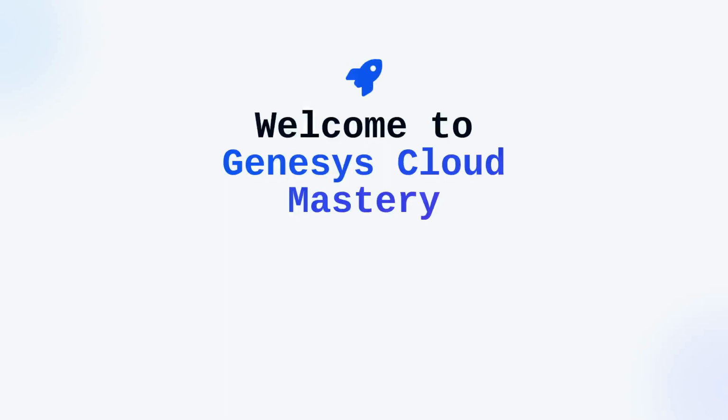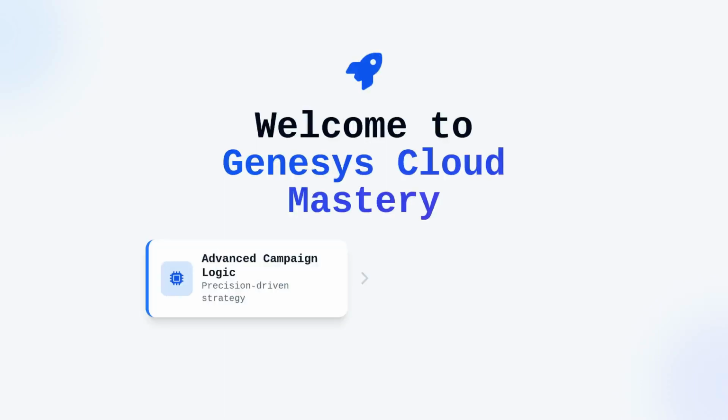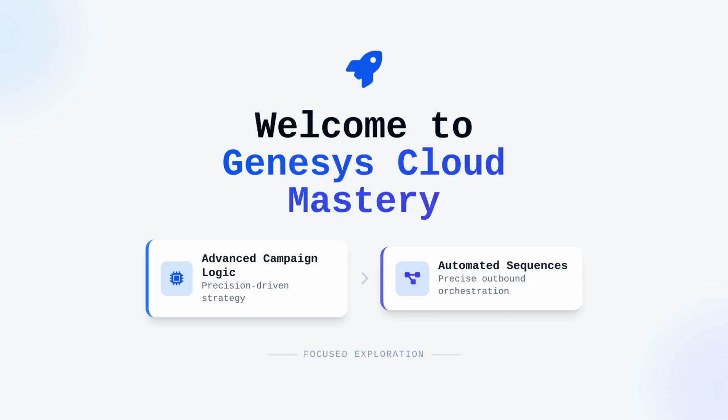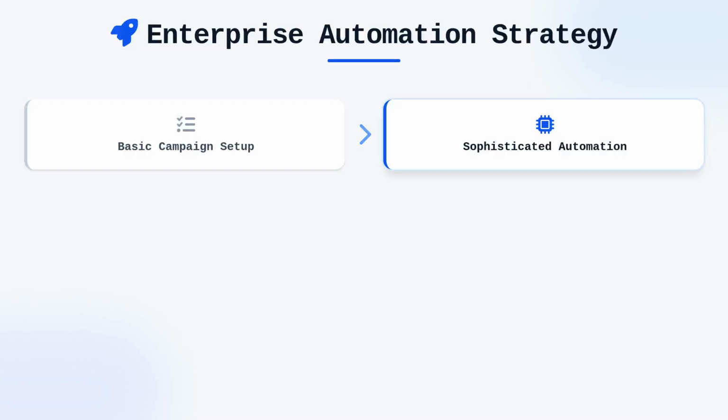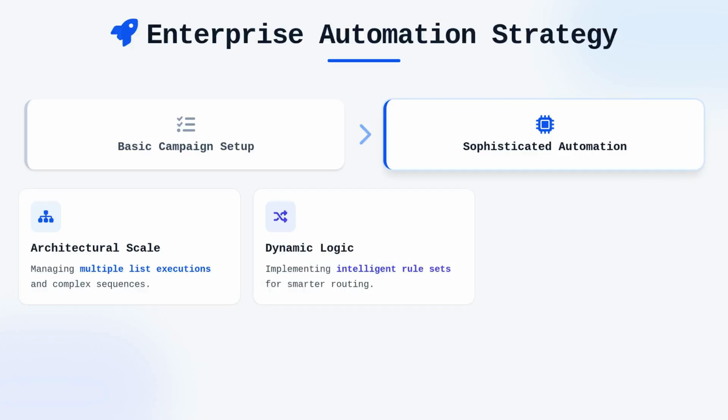Welcome to this focused exploration of advanced campaign logic and the precise orchestration of automated outbound sequences within Genesys Cloud. In this chapter, we transition from basic campaign setup toward the sophisticated automation required for complex enterprise communication strategies. You will learn to architect sequences that handle multiple list executions, implement dynamic rule sets, and optimize your contact strategies through precise data filtering.